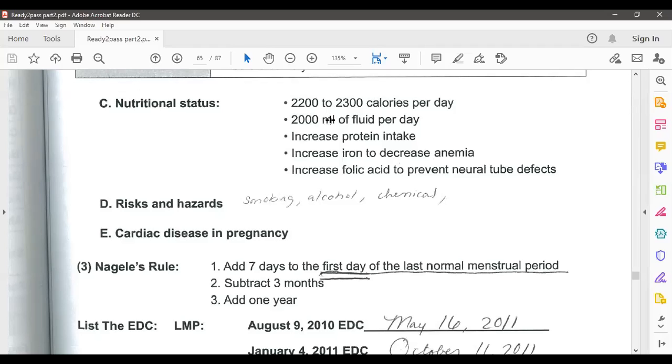Ml means milliliter; if you convert to liters, it should be 2 liters. Caffeine intake should be limited. No alcohol, because alcohol causes big problems to the babies.